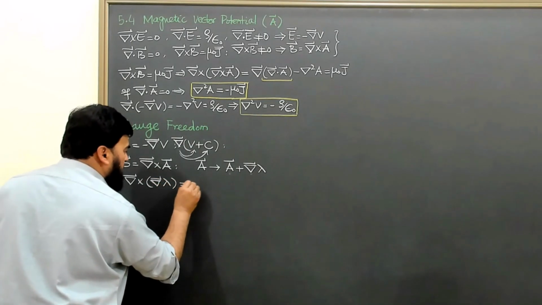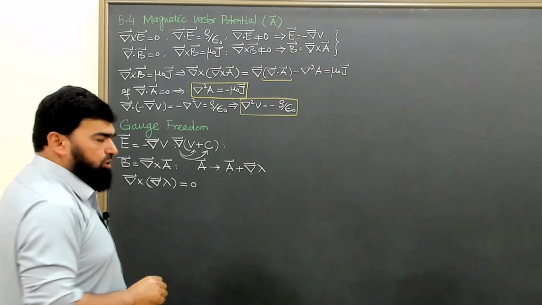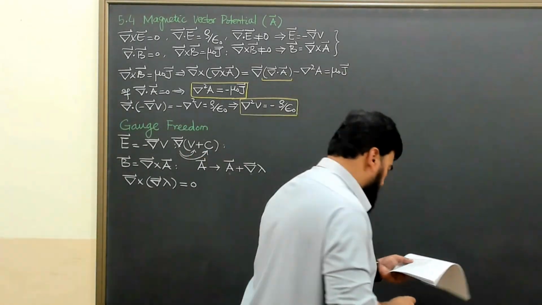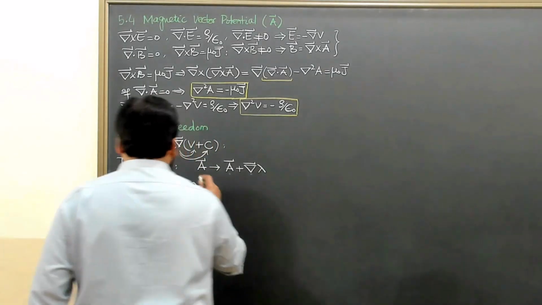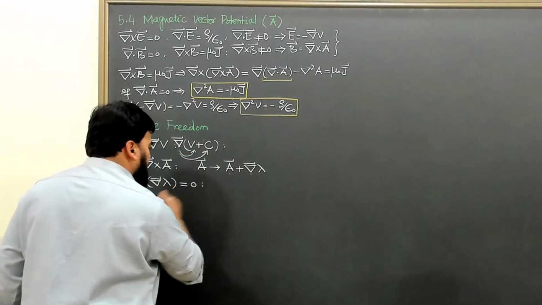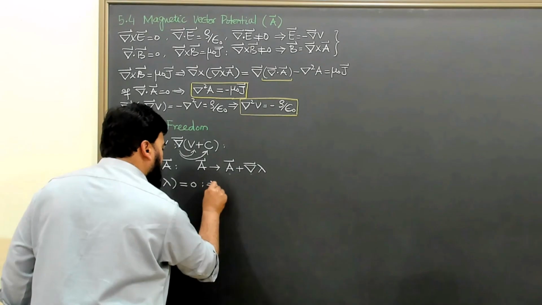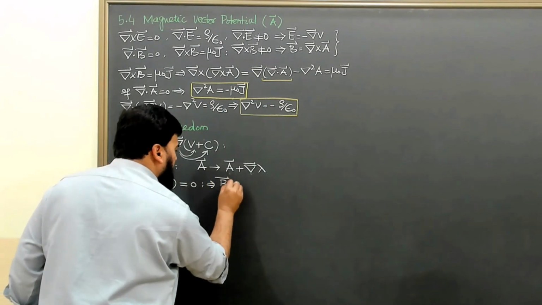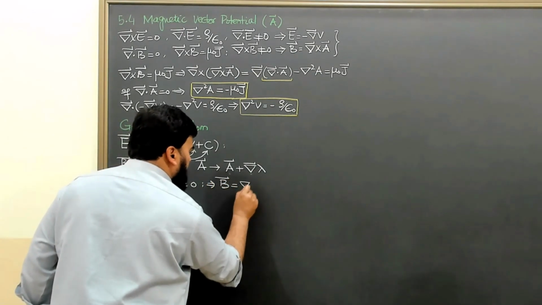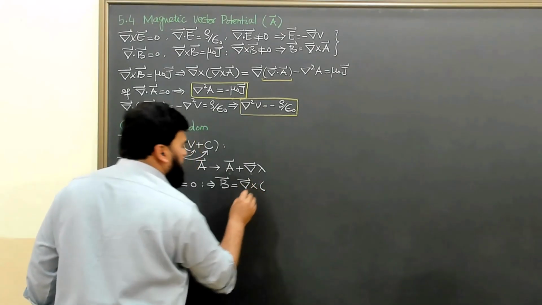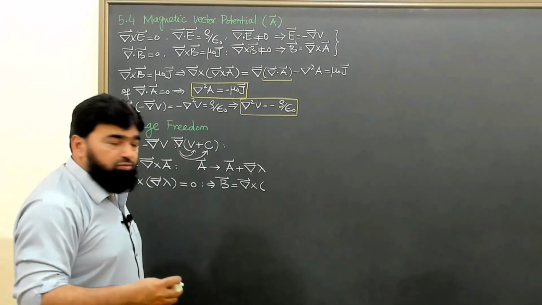And this is what we call the gauge freedom, because del cross the gradient of lambda will always be equal to 0, and we will get our magnetic field back. So this implies that B can be written as del cross A plus gradient of lambda, it is not affecting the magnetic field.